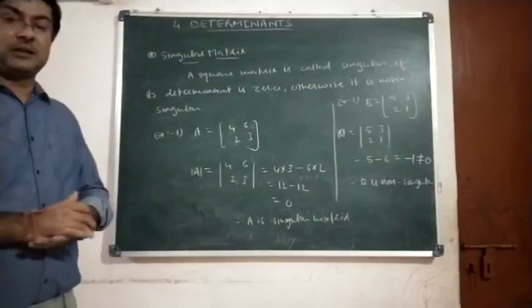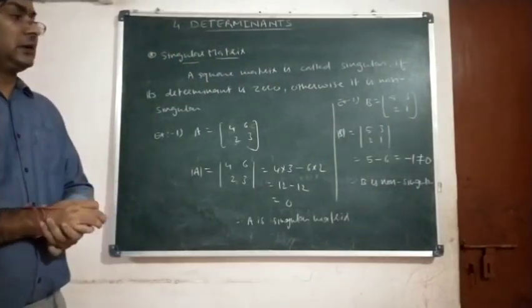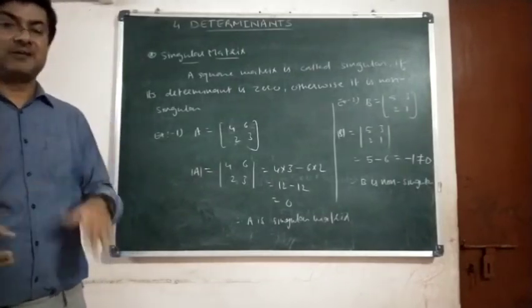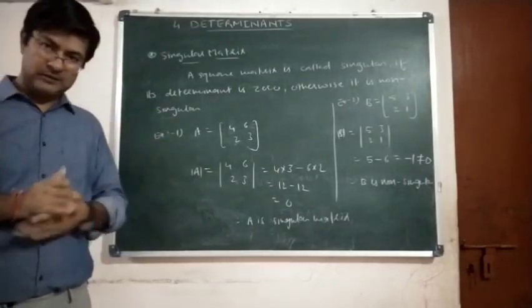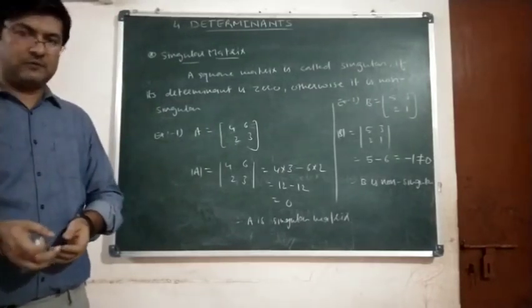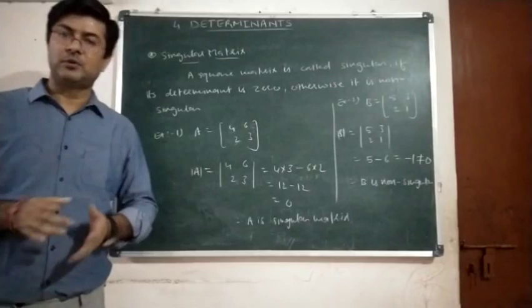Okay. Now two properties of matrix, minor and cofactor. While expanding the determinant of order 3, I have explained, but now let us once again see what is a minor and what is a cofactor in a more proper way.